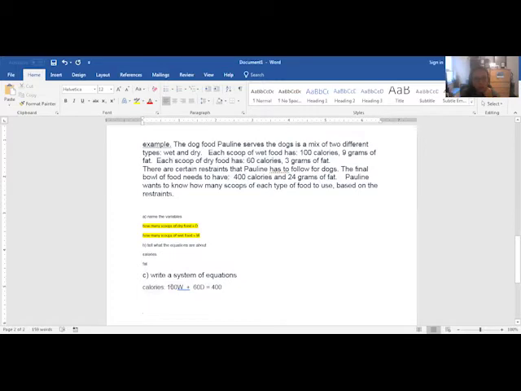We are consistently adding and subtracting the same units. Our second equation is going to be about fat. If you go through the sentences again, hopefully you will see that each scoop of wet food has 9 grams of fat. Each scoop of dry food has 3 grams of fat, giving us a total in our final meal of 24 grams of fat.